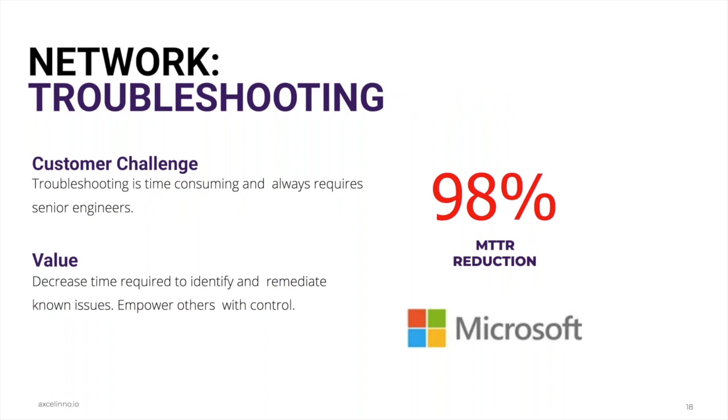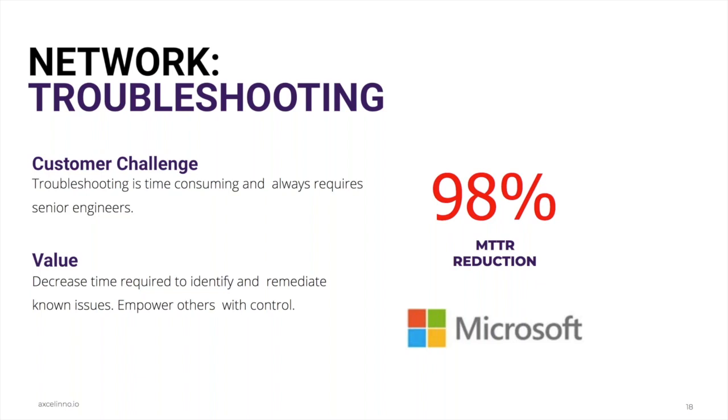Microsoft with Ansible. With them, it was around networking. And if you've ever done networking troubleshooting or know people that have, it can be very time consuming, and a lot of times it will require some senior engineers, and that's what it was for Microsoft. So their mean time to recovery was reduced by 98%. 98%.